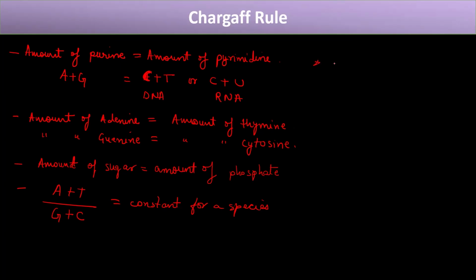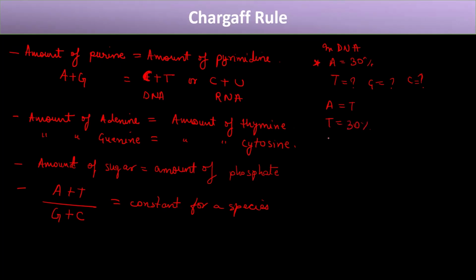For example, let's say if you have adenine 30%, then what will be the composition of the other nucleotides in DNA? In DNA, if you have adenine 30%, then what will be the composition of thymine, guanine, and cytosine? With Chargaff rule, we can see. Adenine is 30%, and we know that adenine is equal to thymine. So thymine will become 30%, right?